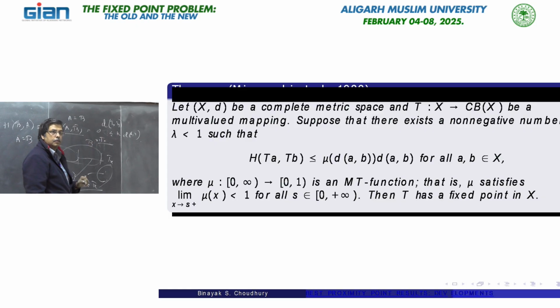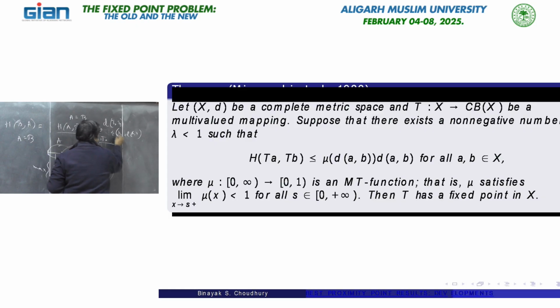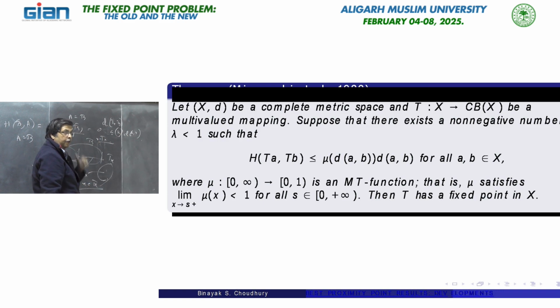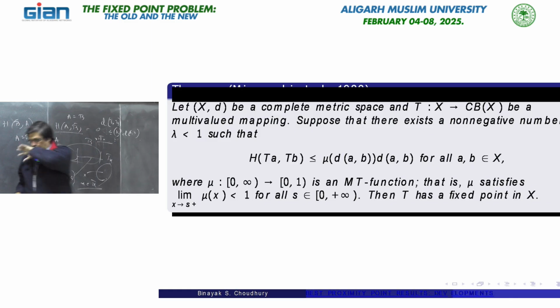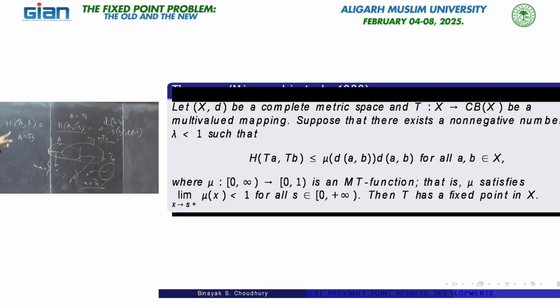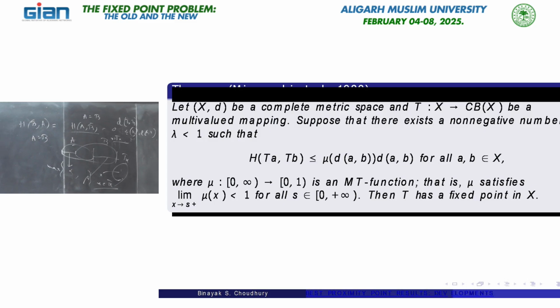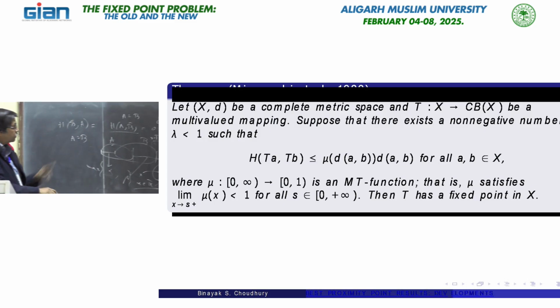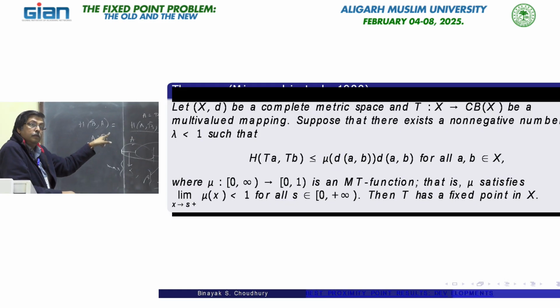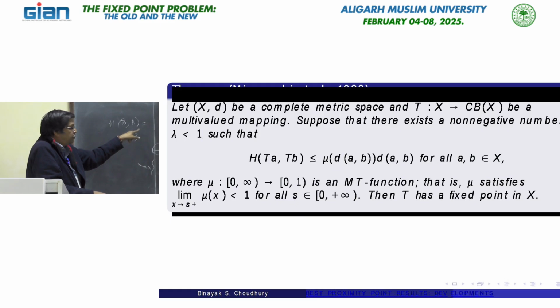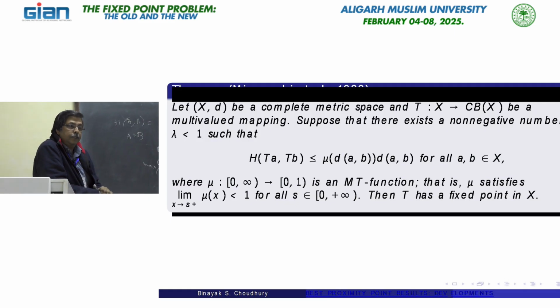Next question comes. This is a logical question to be asked historically. That is, can I replace the constant k by another function? If k is equal to 1, then everyone knows it becomes a non-expansive type of mapping, and it's not easy to find a fixed point of that under ordinary conditions.